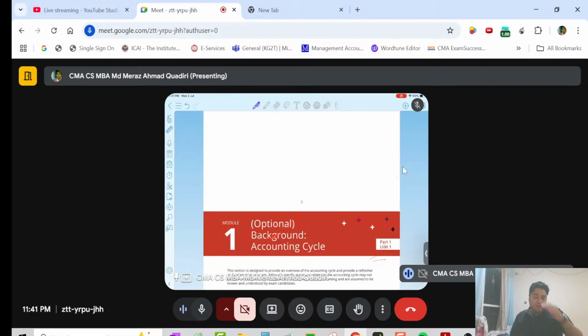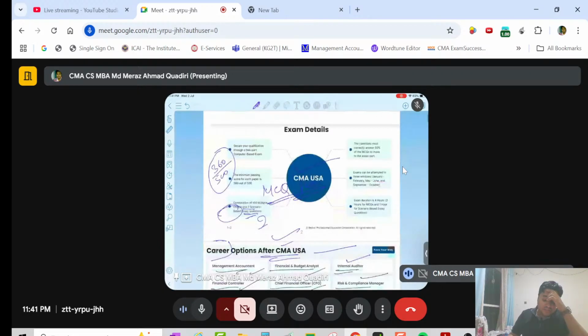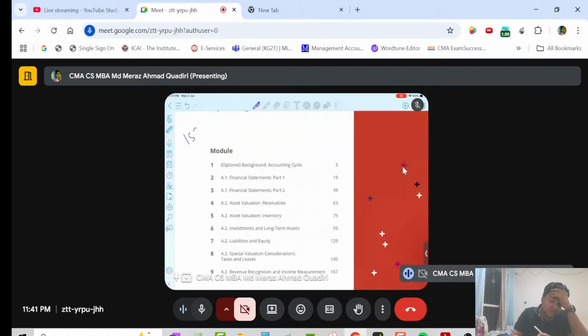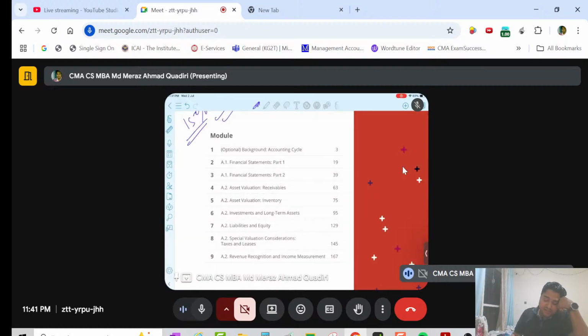Now coming to the chapter of financial reporting, 15 percent of the marks are for financial reporting. What are the areas you need to cover? The background of the financial accounting cycle, which is just a recap of your previous study.